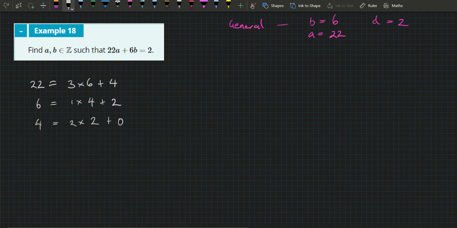Okay, so you can definitely see that 2 is there. So the highest common factor of 22 and 6 is equal to 2, but that's another story.